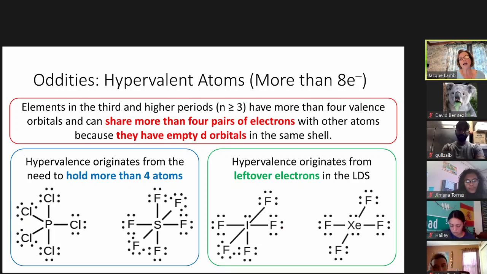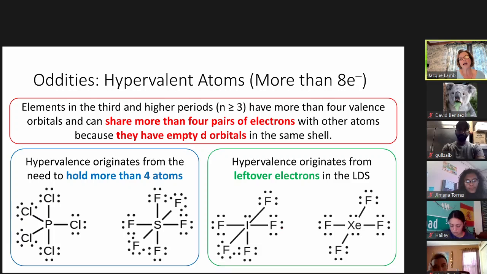The same is true for xenon tetrafluoride. Once you've put octets around all your terminal atoms, you still have 2 pairs of electrons that you have to place. And so they go on the central atom. So your central atom xenon here has 6 pairs of electrons around it, 2 as lone pairs and 4 as bonding pairs. So those are the 2 ways that you get hypervalence.